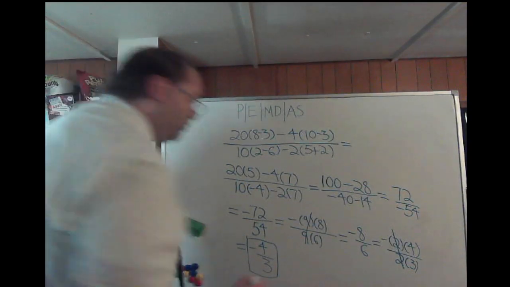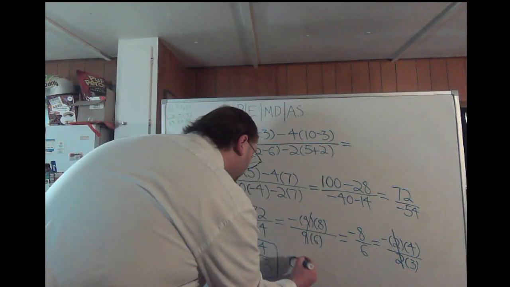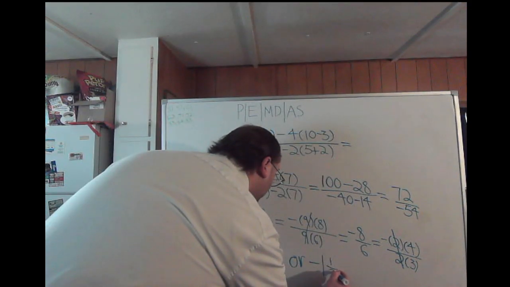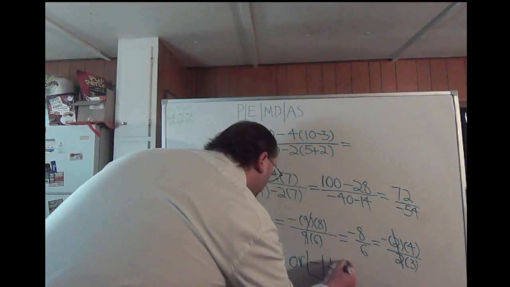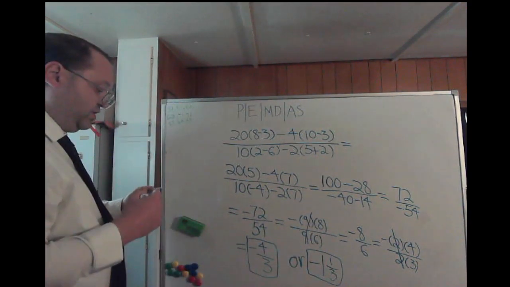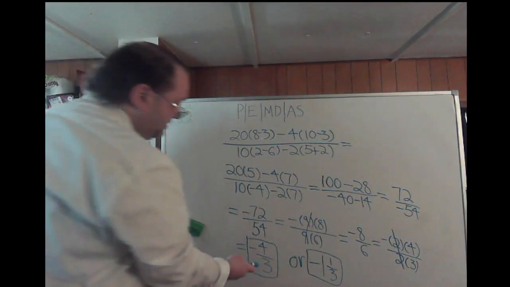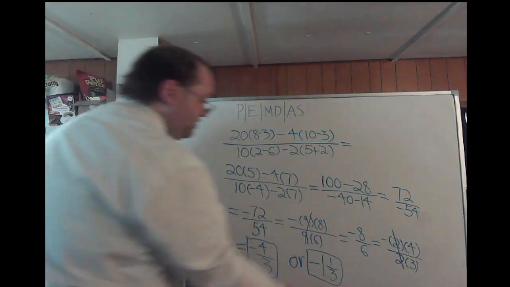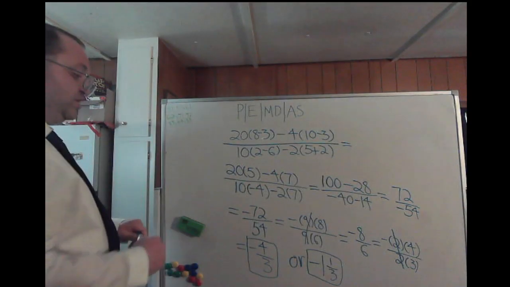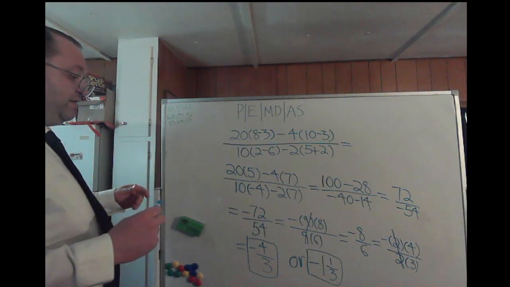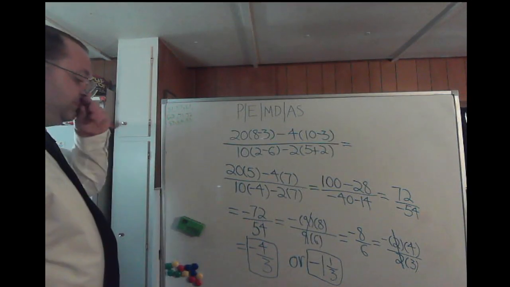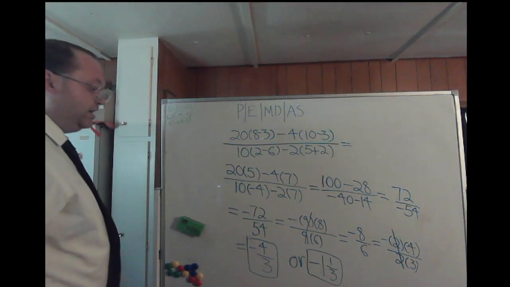Or if your teacher wanted it as a mixed number, it would be negative 1 1/3. Either way, you'd have the correct answer. I'm one of those that it's okay to leave it as an improper fraction, but some aren't. So just remember back when we were converting improper fractions into mixed numbers, how to do that.